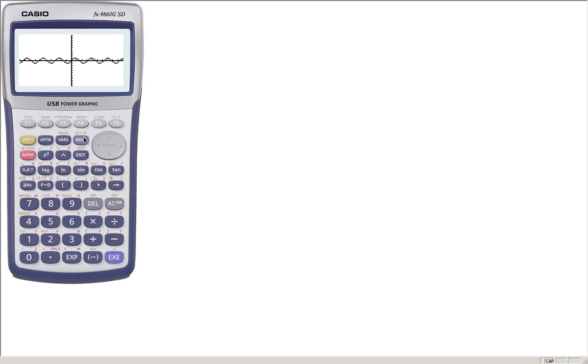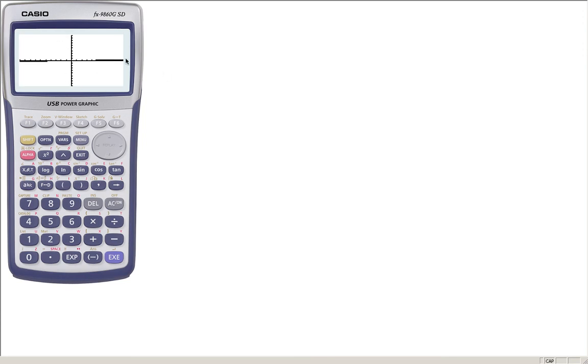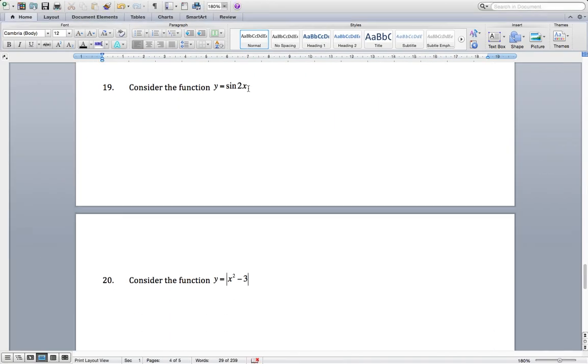But in case the input is in, let's say, degrees, so shift menu, come down, let me just change it to degrees, exit. Now if you draw now, you'll see like this. The reason is, you can see it is given sine 2x and degree is not mentioned, so obviously it is in radians.